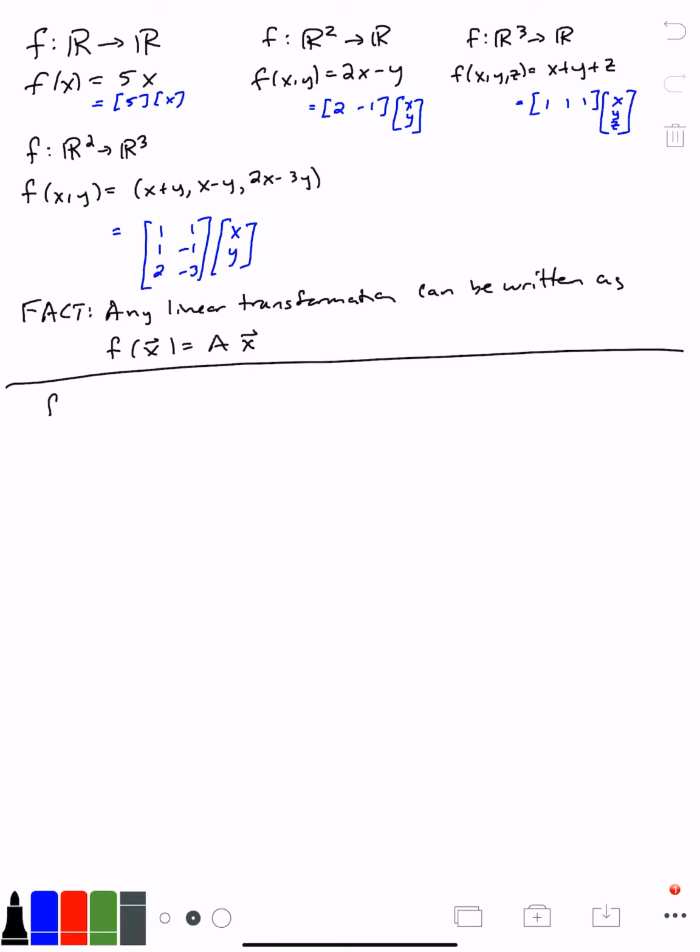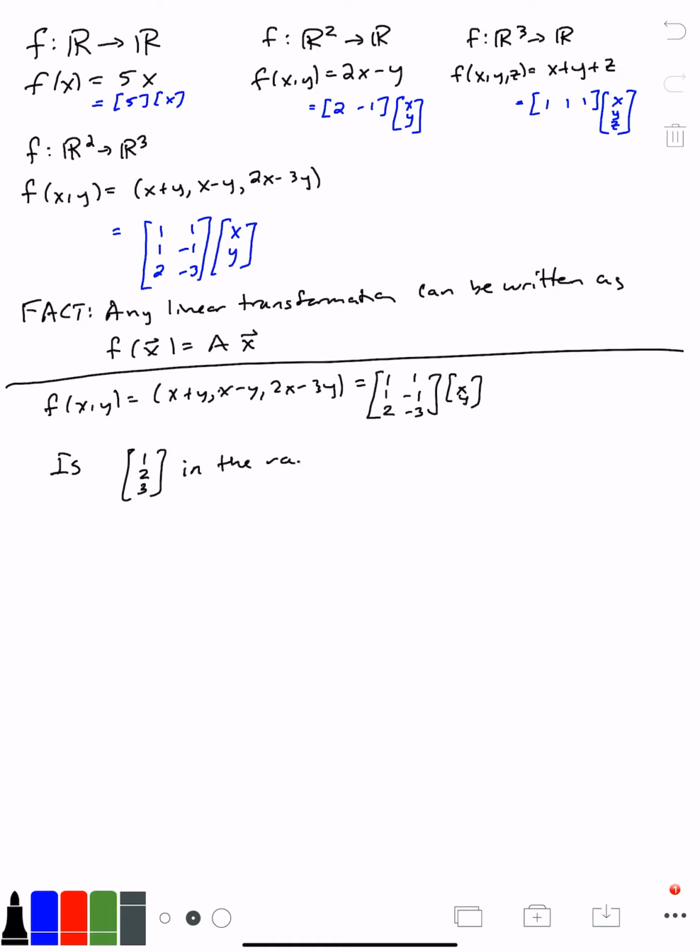So if I have the function f of x, y is x plus y, x minus y, 2x minus 3y, which again can be written as this matrix multiplication here. And I can say, is the vector 1, 2, 3 in the range?